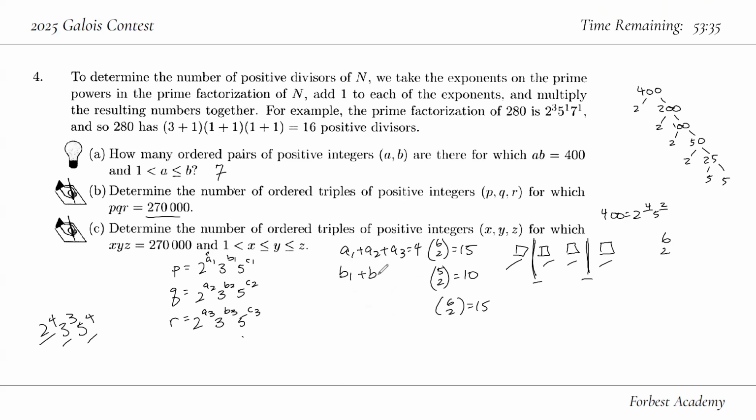B1 plus B2 plus B3 equals 3. C1 plus C2 plus C3 equals 4. Okay, so since these are assigned independently of these, the number of solutions we have is 15 times 10 times 15, which is 2250. Okay.